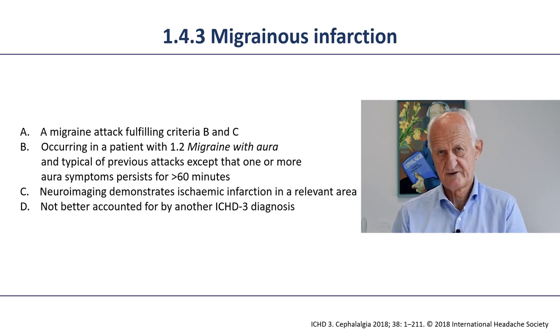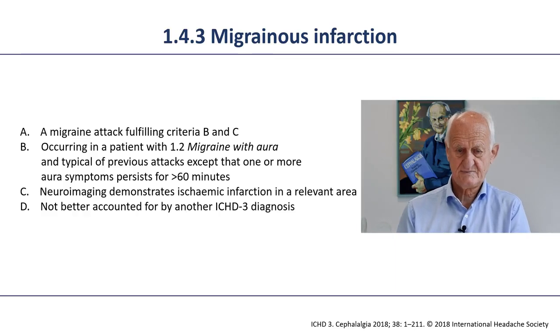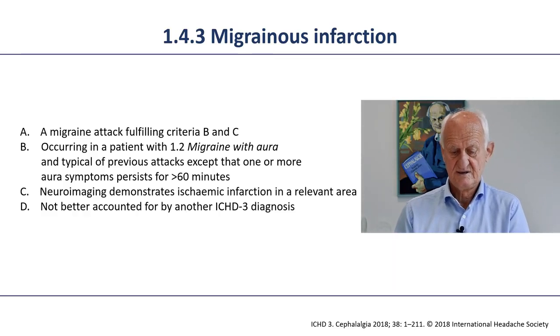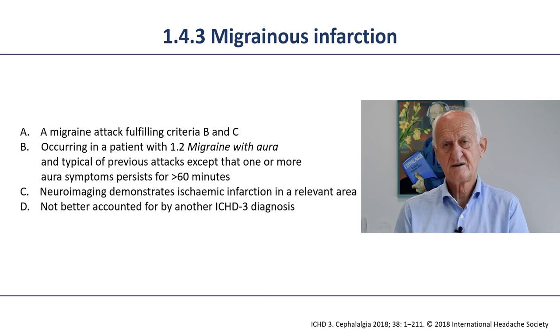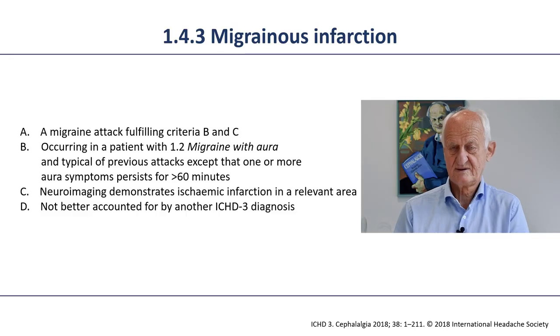It's a typical aura where the symptoms just continue, and there's imaging evidence of an ischemic lesion. In other cases, as I said, there is imaging done but no lesion, and then it's migraine with prolonged aura.